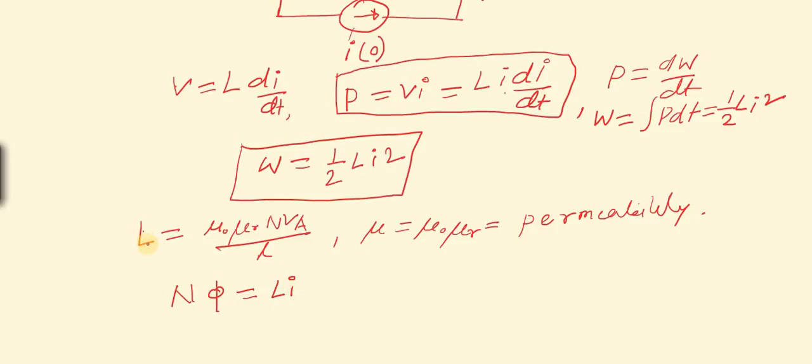Okay, so put that value of L here, which will be μn²A by L into I. And this n will be cancelling out, only one n will remain, so φ is equal to μnAI by L. You can write in terms of arranged value as μA by L into nI.